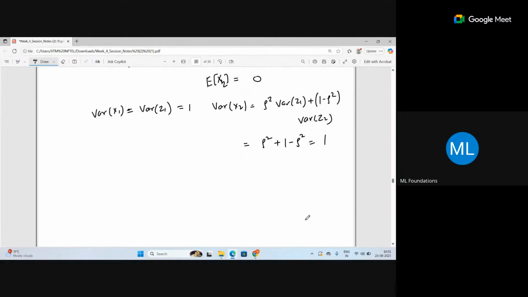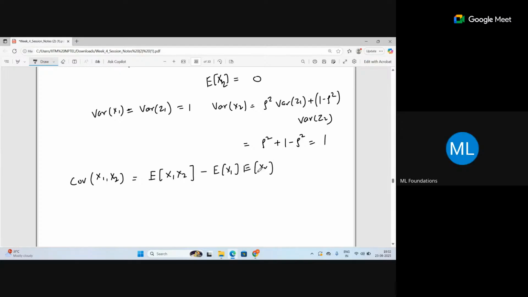Next step is what? Let us try to find out the covariance between x1 and x2. So the covariance between x1 and x2 will be equal to the expectation of x1 into x2 minus expectation of x1 into expectation of x2.